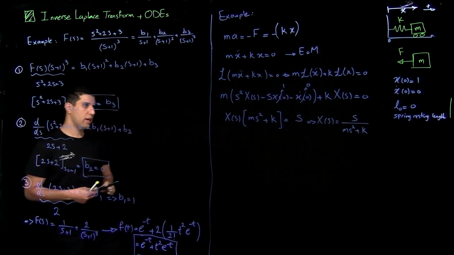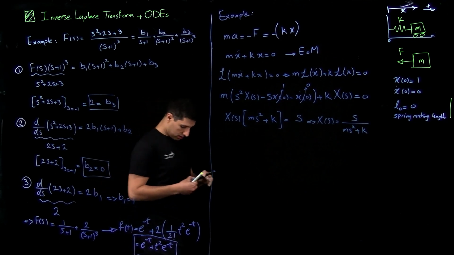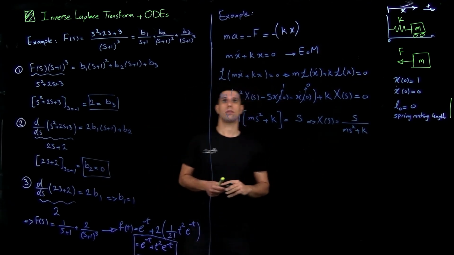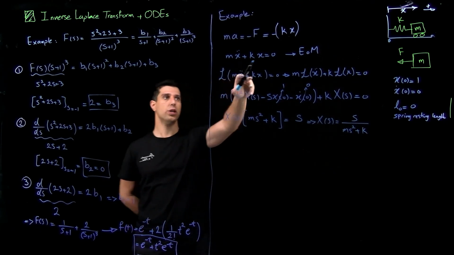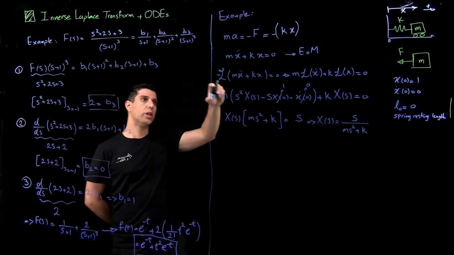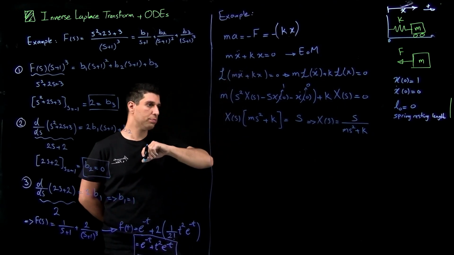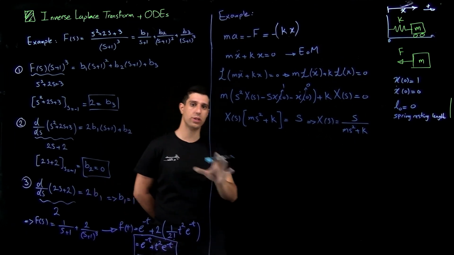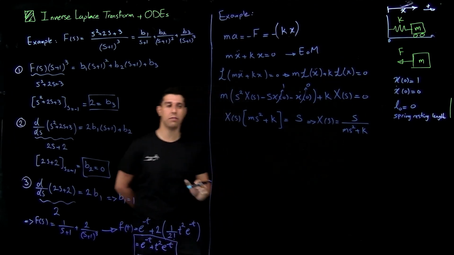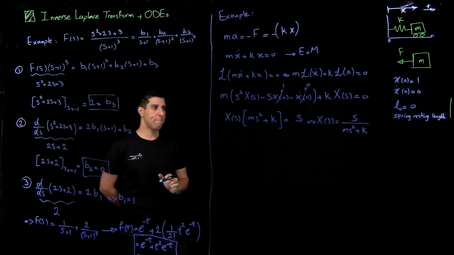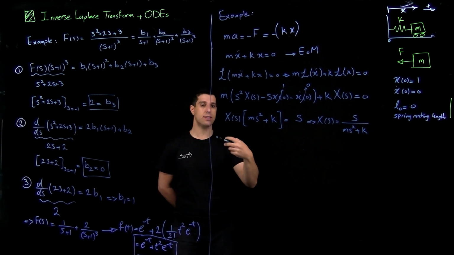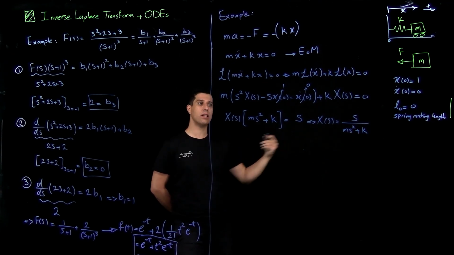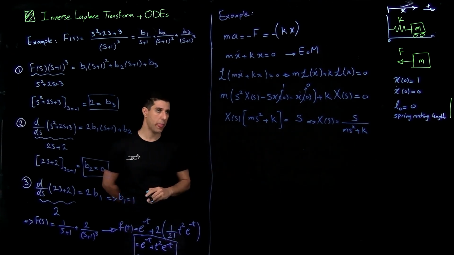So let's take a moment and see what happened. We had a differential equation. We took the Laplace transform. Essentially, we took our differential equation to the S domain, the domain that contains these decaying, oscillating functions.